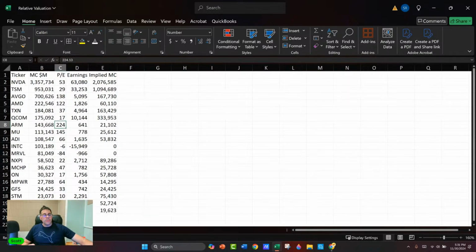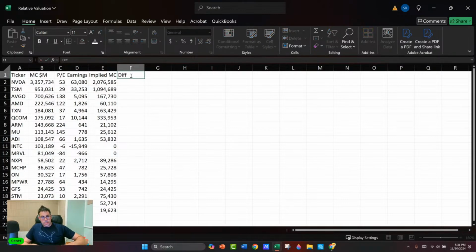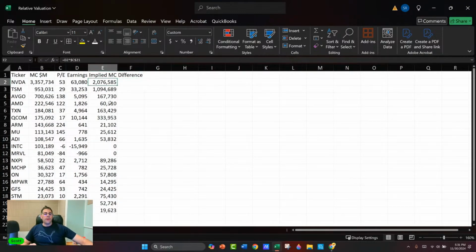So if you assume everybody's going to revert to the 33, the median in the industry, and you apply that to all these companies, this is the implied market cap. If NVIDIA got to the 33 PE, their market cap would be $2 trillion.